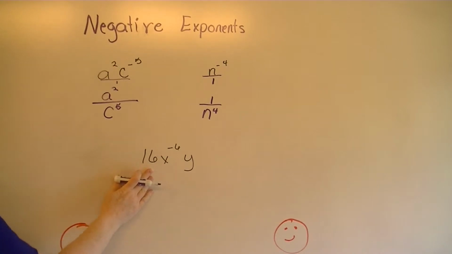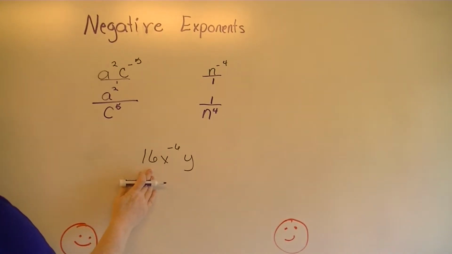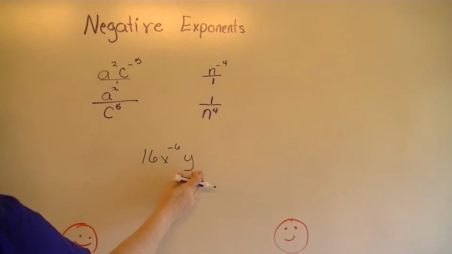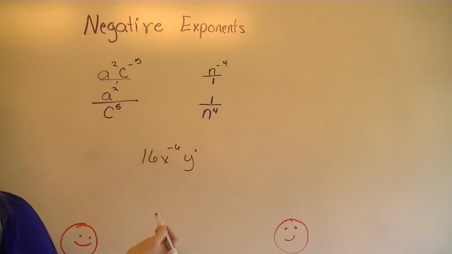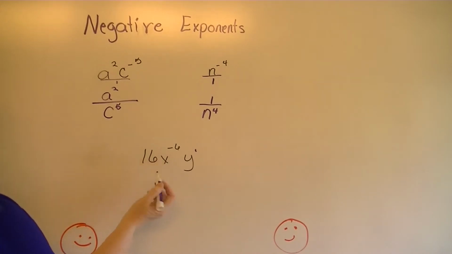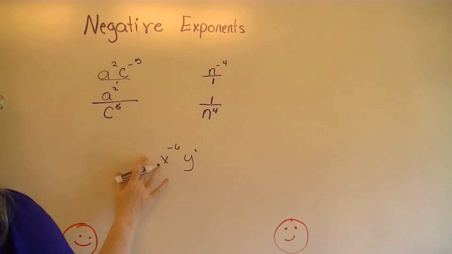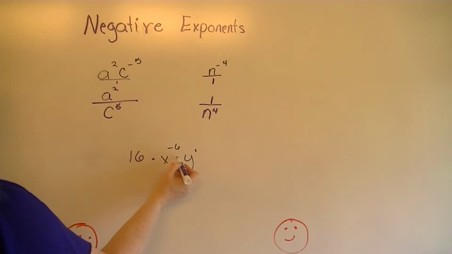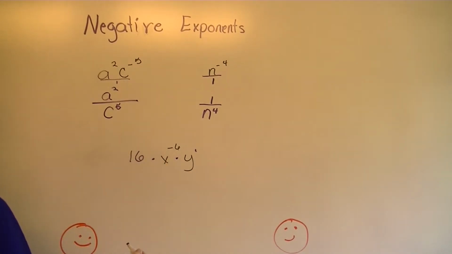Alright, this last one in this set, the x is in the wrong spot. The 16 is okay, the y is okay, because it's really like it's y to the 1st power. And the x is to the negative 6th power. This does not apply to the 16, it only applies to the x. So you could kind of think about it like this: 16 times x to the negative 6 times y to the 1st.